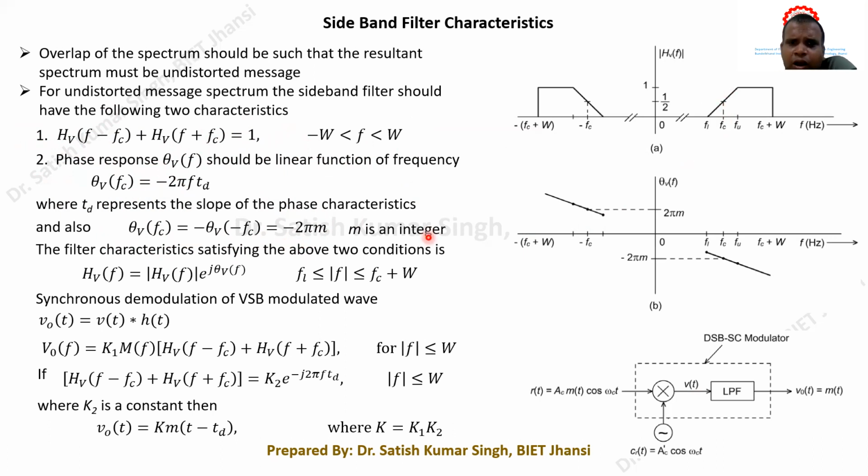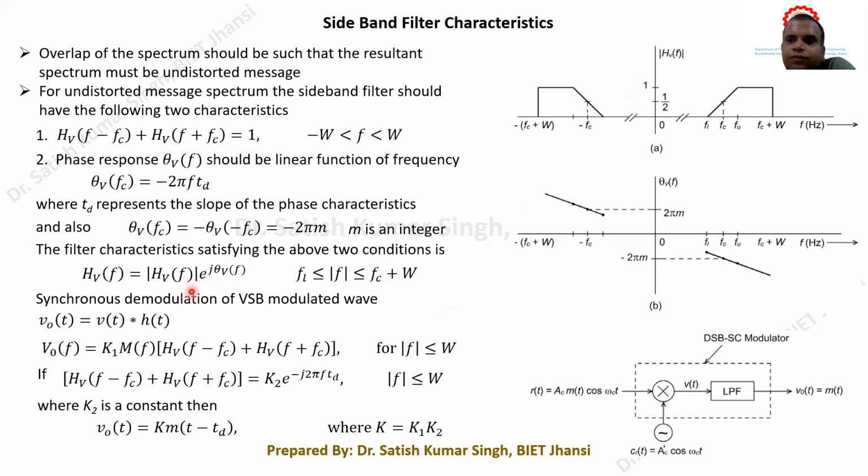Now, how can this filter be designed? If we take this type of filter characteristics, the filter can be represented by this equation in its magnitude-phase representation, in which we have H(f) equals the magnitude of H(f) times e to the power j theta(f).